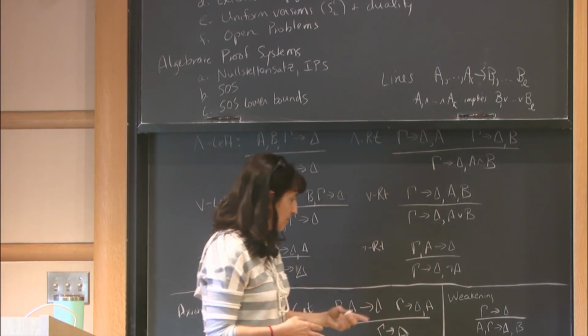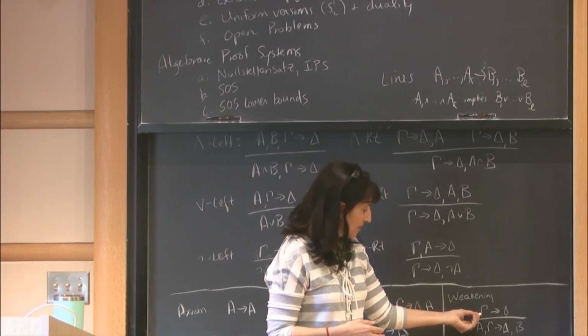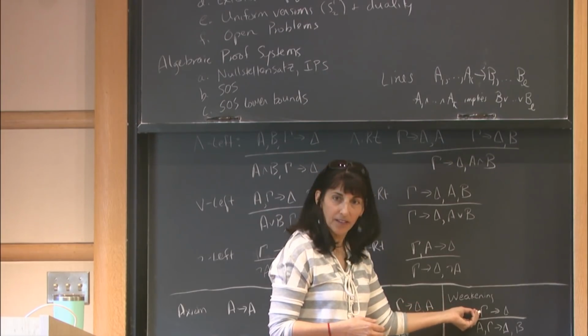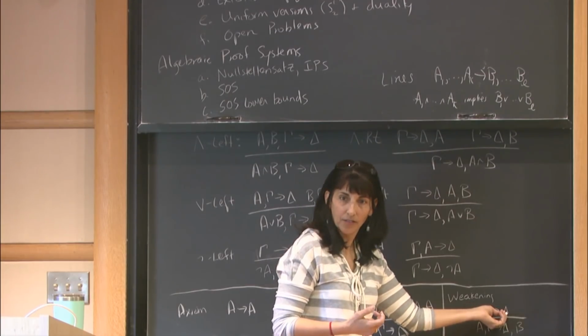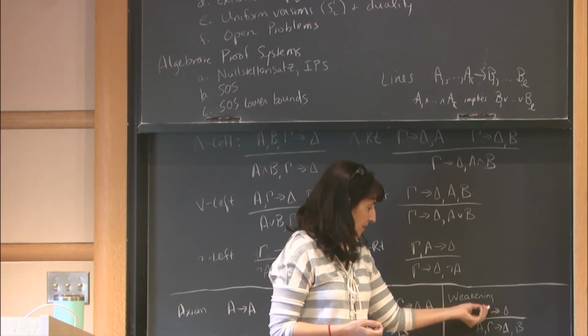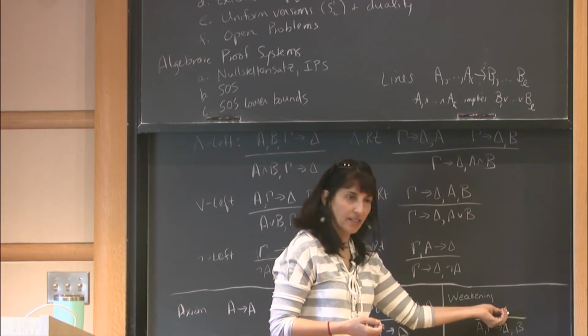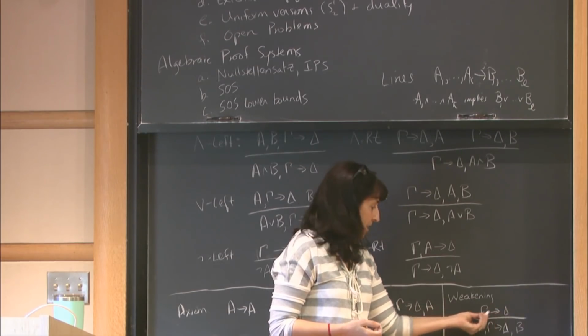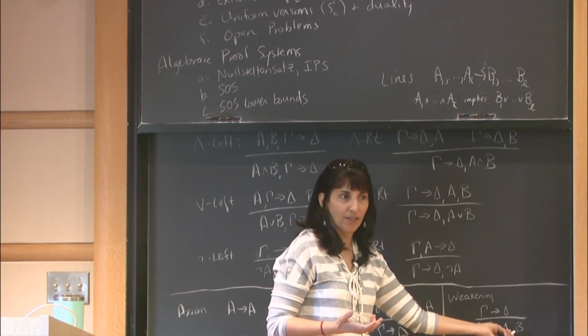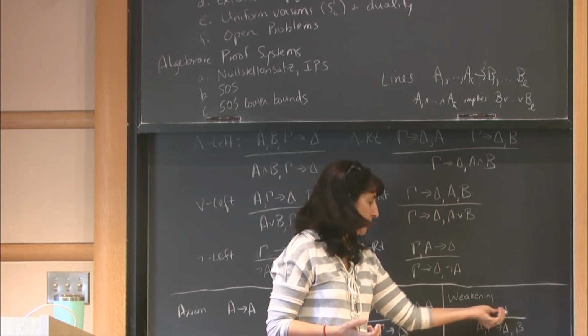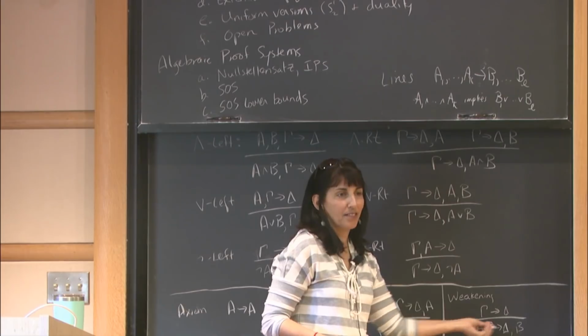There are going to be some structural rules. When I write gamma, gamma is just a sequence of formulas, and delta is another sequence of formulas. So again, you think of this as the conjunction of this stuff implies the disjunction of this stuff. And weakening just says you can always add anything to the left and anything to the right. So if you already know that this stuff implies this, then you can always add something and it still implies this.